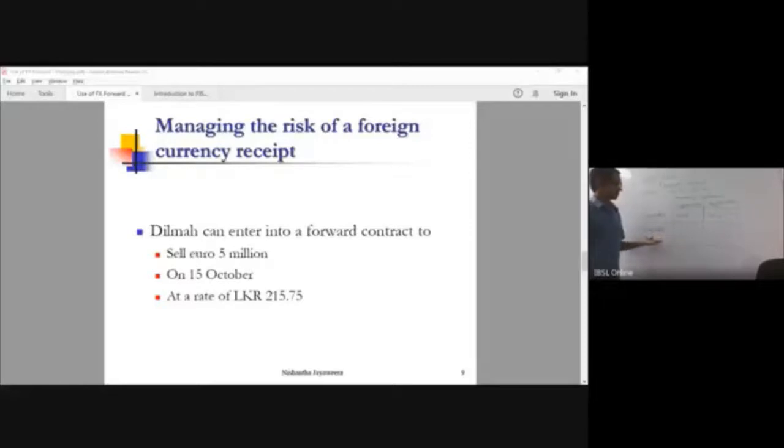For an exporter, if the rupee appreciates, the exporter will lose. Why? He receives a smaller amount of domestic currency. But if the rupee depreciates, it's a gain or a profit.